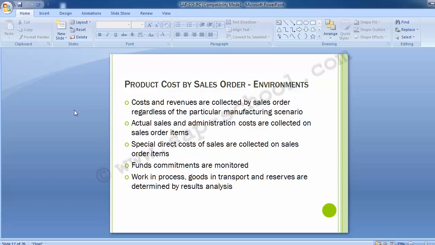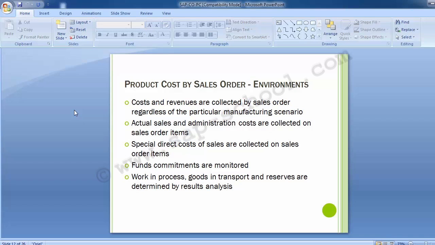The environment in which product cost by sales order is applicable is as on the screen. Costs and revenues are collected by sales order regardless of the particular manufacturing scenario. Actual sales and administration costs are collected on the sales order item.